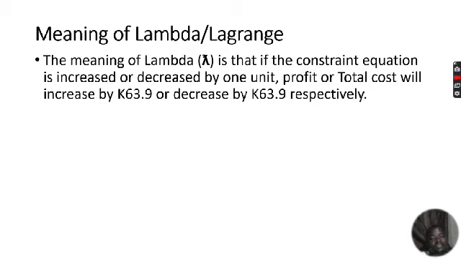Now in this case, it is a total cost equation, or it's the total cost that we are calculating. If we add 1 unit to the constant in the constraint equation, then the total cost will increase by 63.9, or decrease by 63.9 if we reduce the constant by 1.